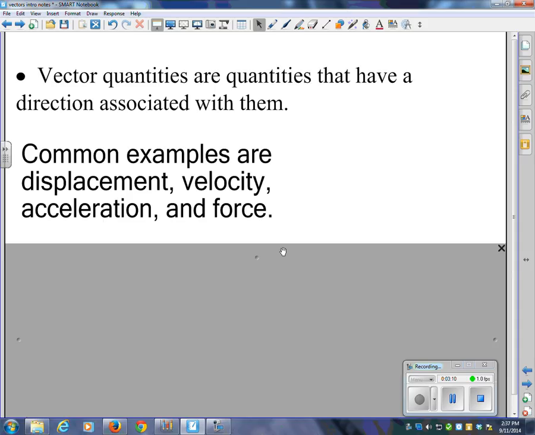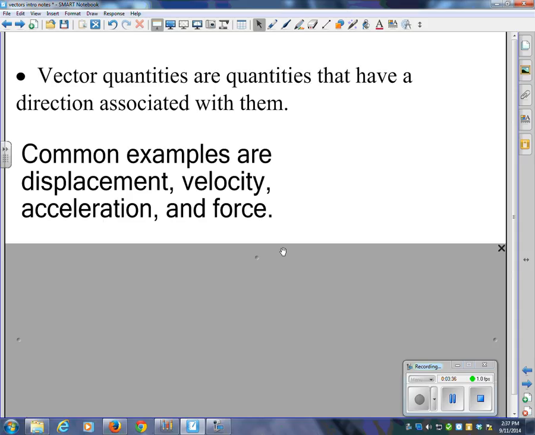Displacement is how far something moves, not only how far, but in which direction. How far and what direction. Velocity is speed with a direction.